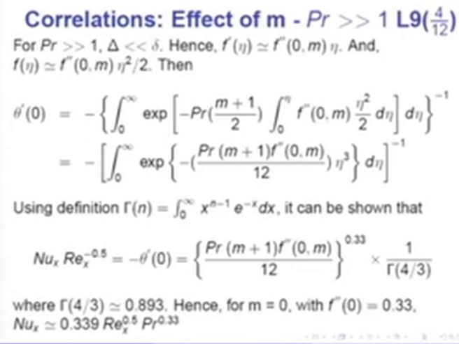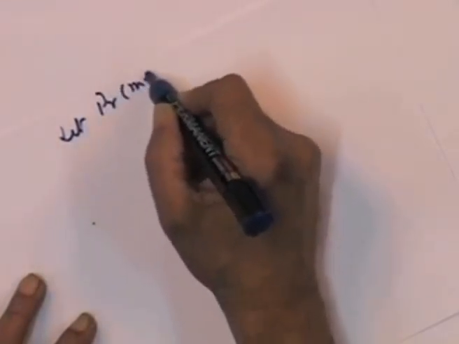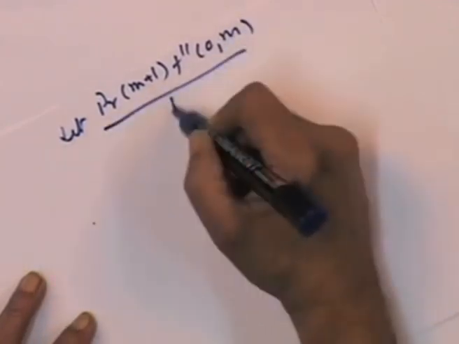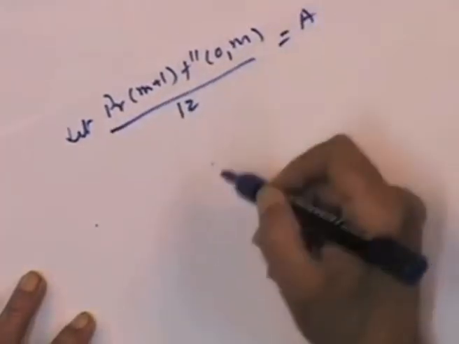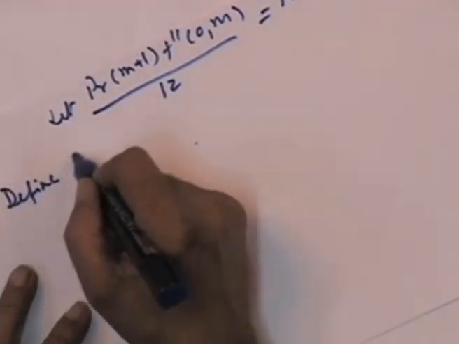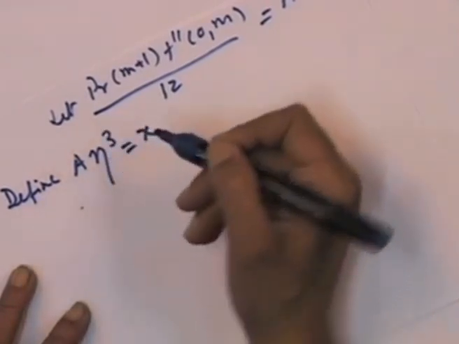So, for the moment, let us say Prandtl to the power m plus 1, times f double prime 0 m divided by 12, is equal to a, and define a eta cube equal to x.